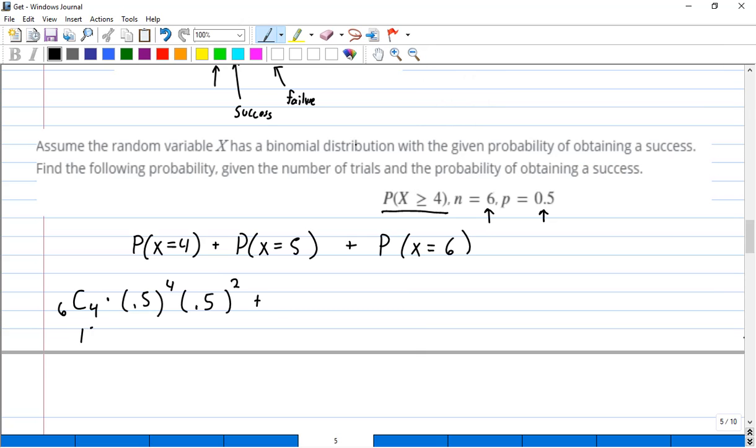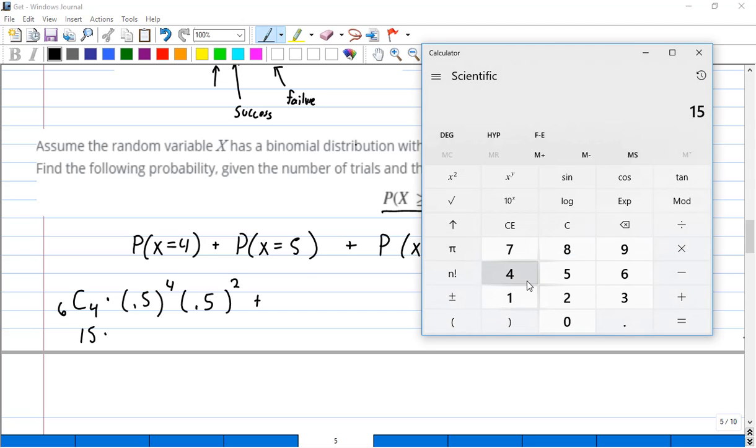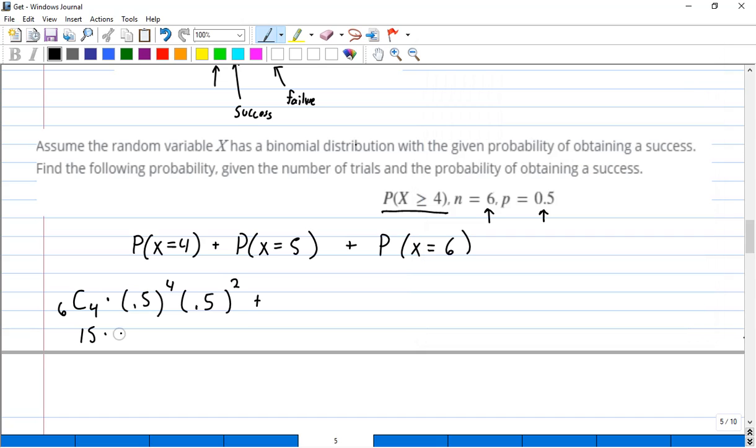Alright, times 0.5 to the 4th power, that's 0.0625, times 0.5 to the 2nd power, which is just 0.25.